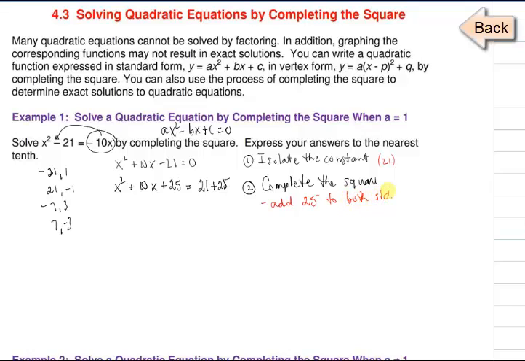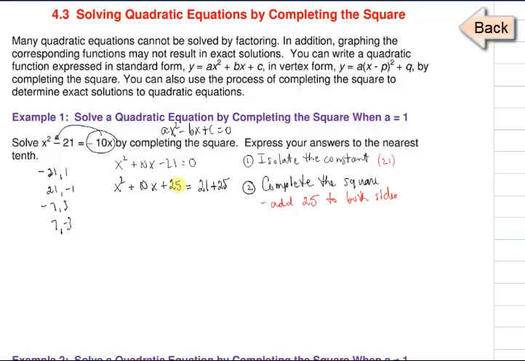Okay, so notice that the way we're approaching this is slightly different from when we completed the square to put our function into vertex form. What we did then was we said x squared plus 10x plus 25 minus 25 equals, and then leave the 21 on the right.